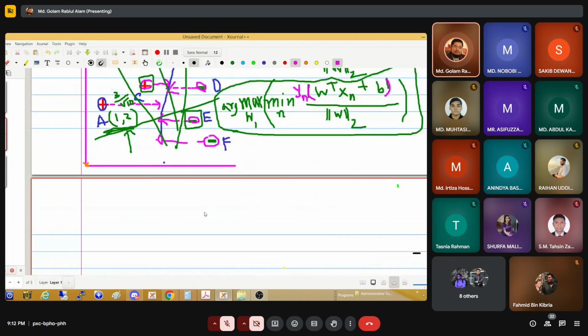So in case of our optimization function, we have usually two things. One is called the objective function, and another one is called constraints.